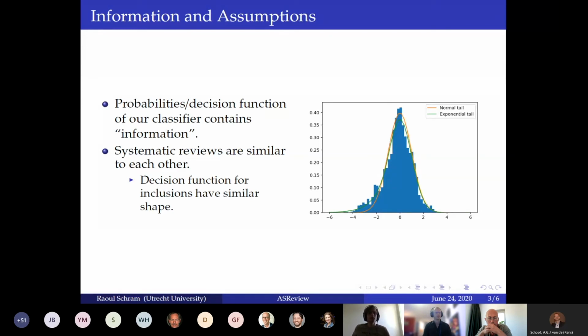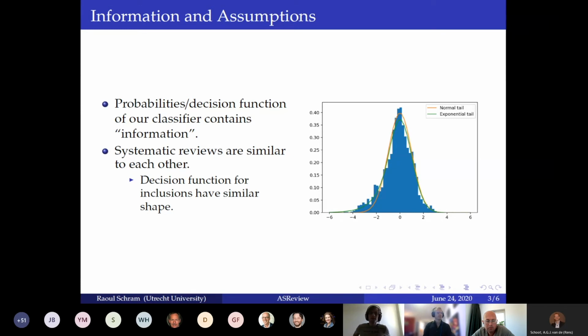For example, papers that match your question better would have a higher probability than ones that also match but are less relevant, even though they would be included. The second assumption is that systematic reviews have some similarity to each other, so they have some common structure.